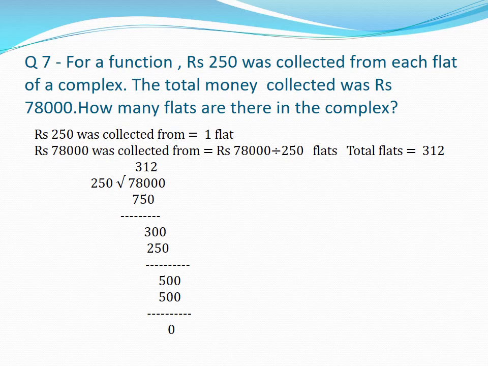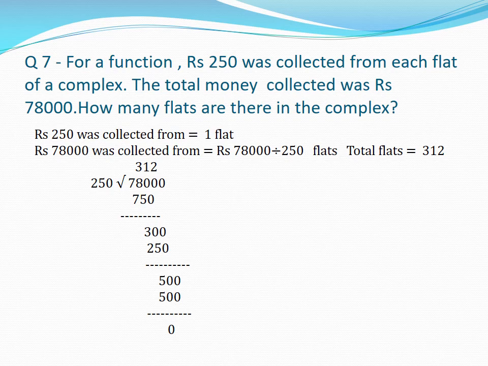Rupees 78,000 was collected from rupees 78,000 divided by 250. Do the division. 250 threes are 750.